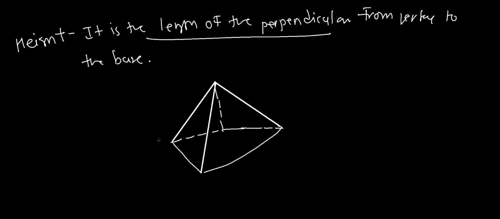We name the base of the pyramid as A, B, C, and D. If we draw a perpendicular from here, this is the common point, vertex V. So if we draw like this, this is the perpendicular on the base of the pyramid.